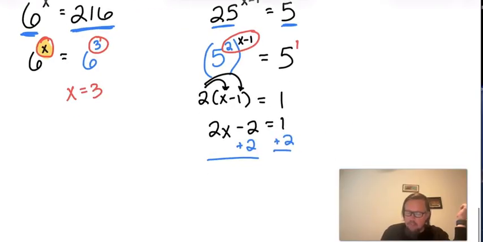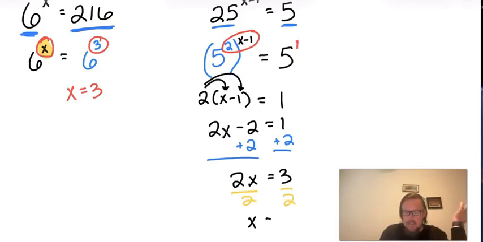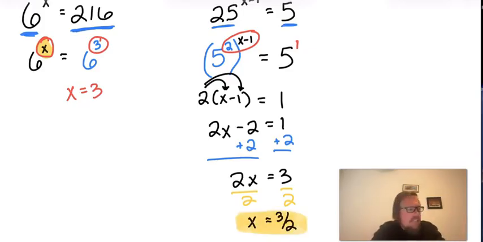And it looks like we've got a fraction in our future here, which is okay. 2x equals 3. And then we'll divide both sides by 2. And it looks like our answer here is going to be, you can do 1.5 if you like. I am just going to leave it as 3/2. So 3/2 is the answer here, or I guess 1.5 if you're the weirdest person on earth. But 3/2 ends up being the answer.